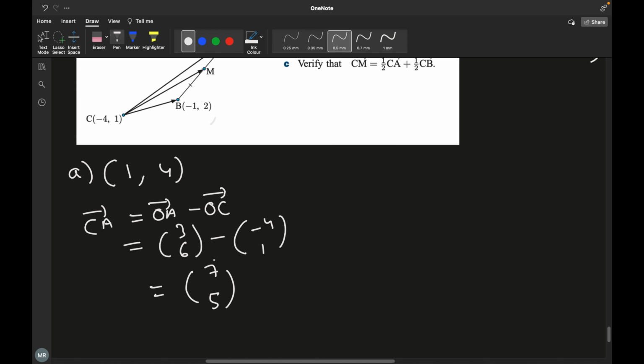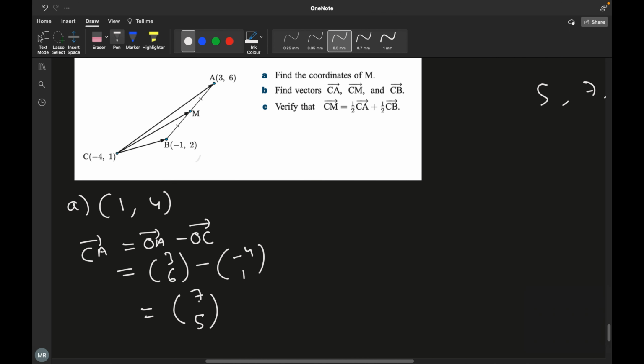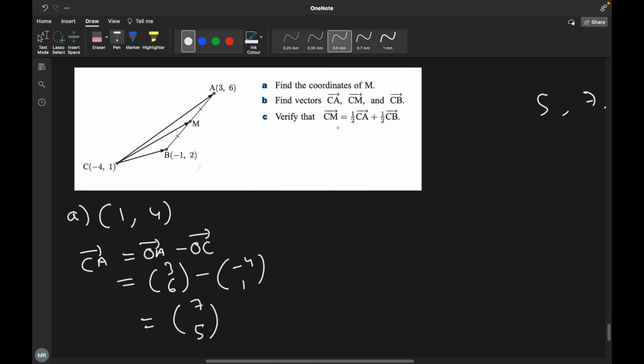So CA is (7, 5), so 7i plus 5j. You can do the same for the remaining questions. So CM is OM minus OC, and CB is OB minus OC. You can find these on your own. It's not that hard. And now let's look at part C.